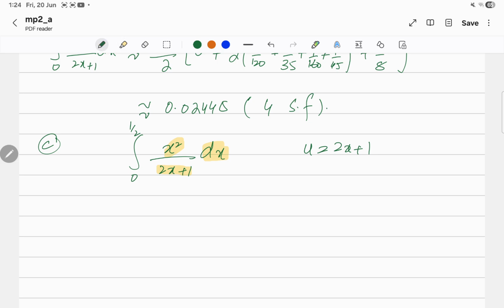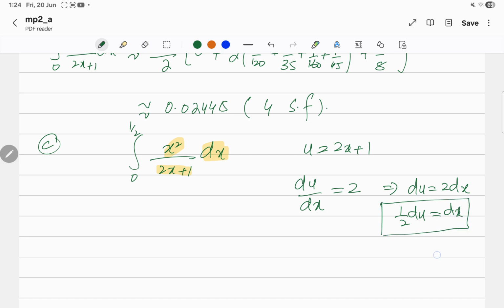So first, if you differentiate both sides, du over dx will be 2, and if you take your dx to the other side, it will be du equals 2 dx, and since we have to make dx the subject, divide by 2 on both sides, so 1 over 2 du equals dx. So this will be the value of dx.